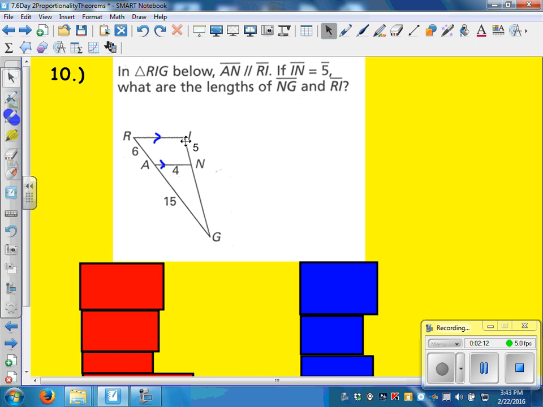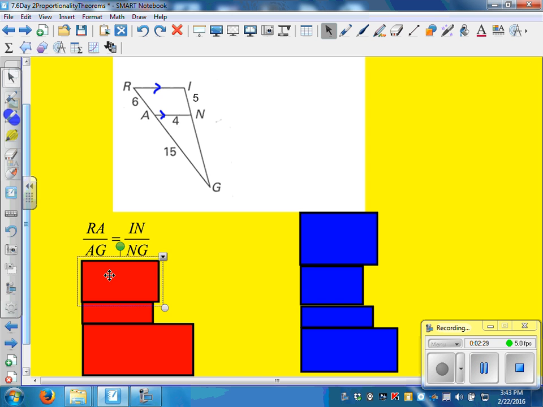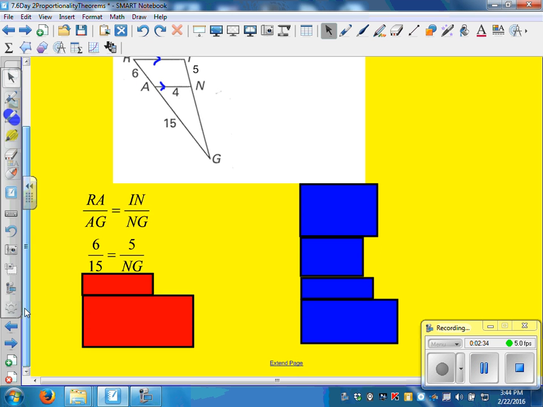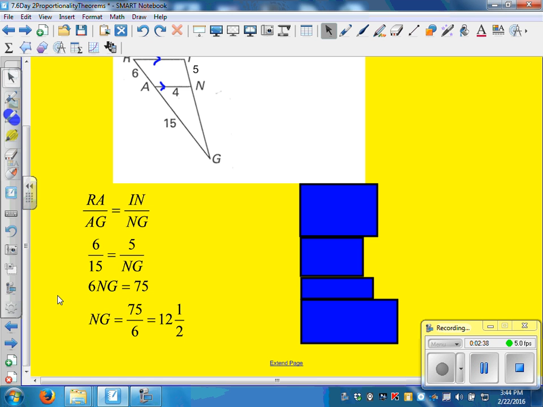Based on the fact that you have a line that is parallel to the base of the triangle, the 4 segments will be proportional. So we have that RA over AG is equal to IN over NG. The expressions for each of those are 6 over 15 and 5 over NG. Solving, you get NG equals 12.5.